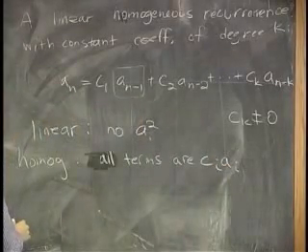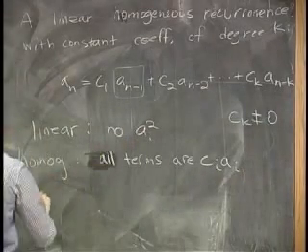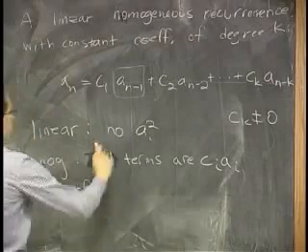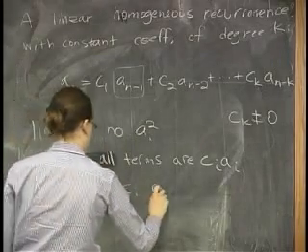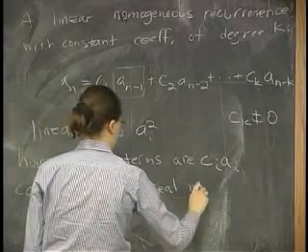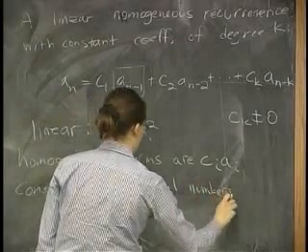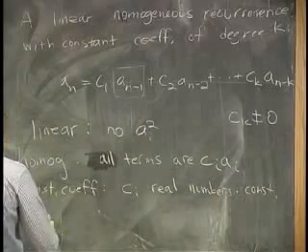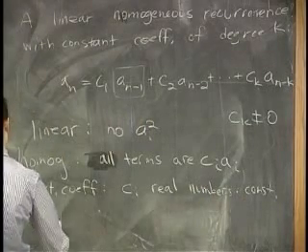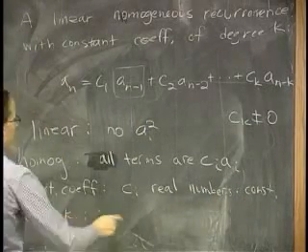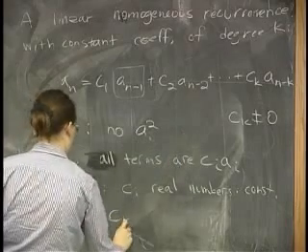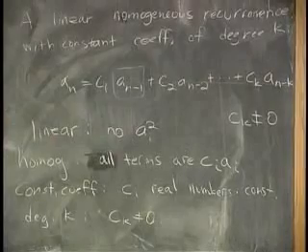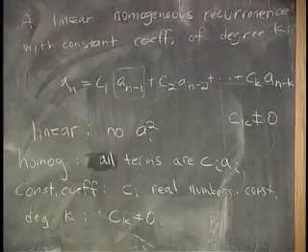Constant coefficients means that the ci's are real numbers. They're just constants. And degree k means that ck is not 0. Does this make sense? Are there any questions so far?